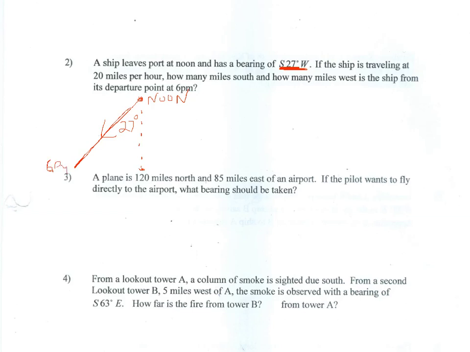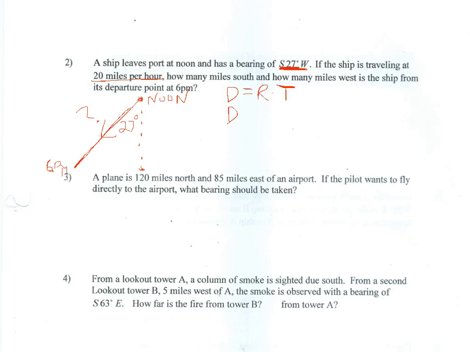Now this 20 miles per hour, this is real important. We cannot use miles per hour as a distance. That's a rate. It's not a distance. So to figure the distance it traveled from noon to 6 p.m., you've got to use our good old distance equals rate times time formula.